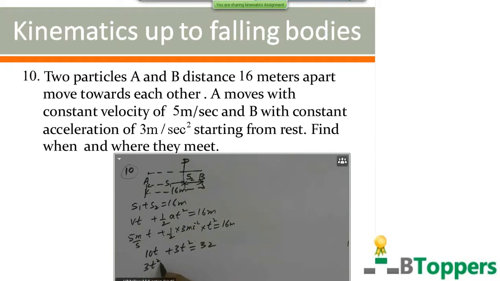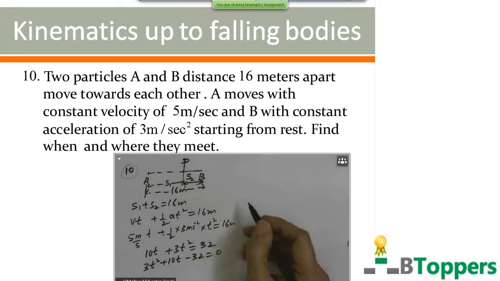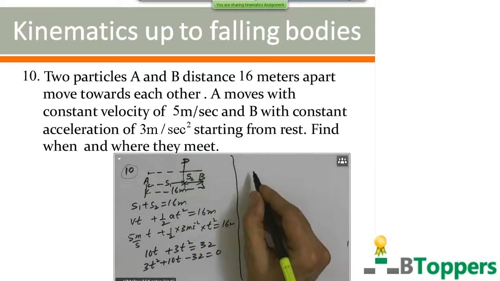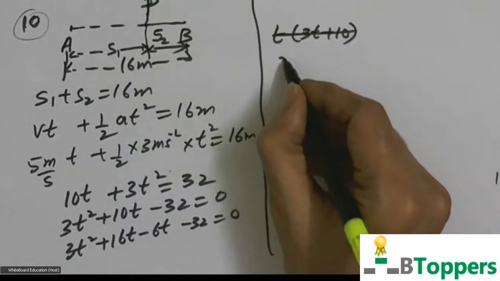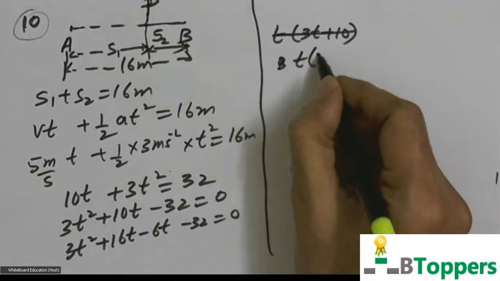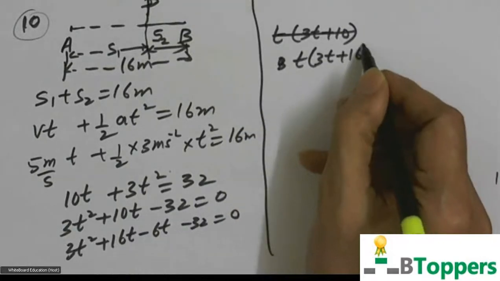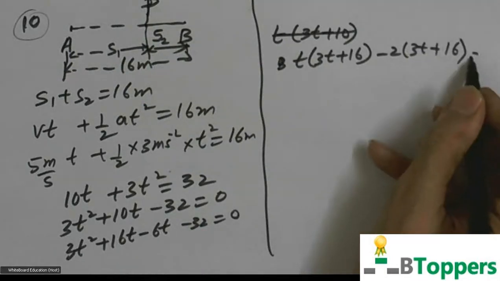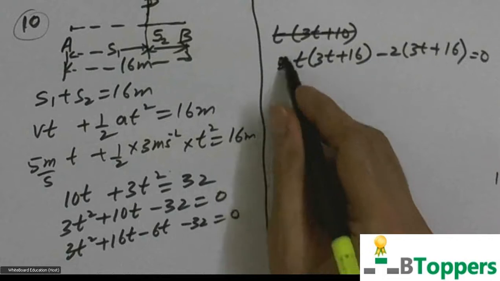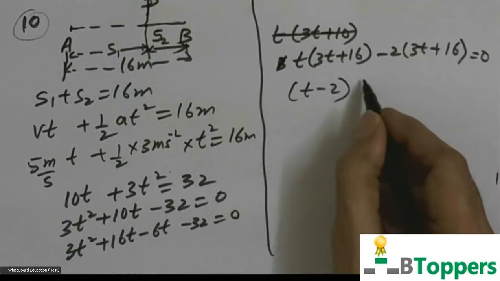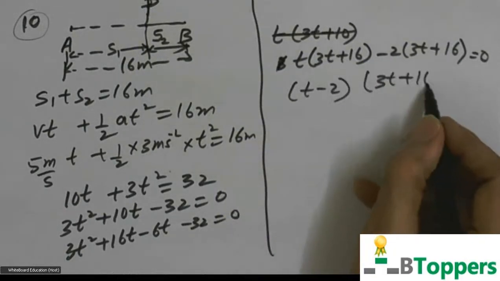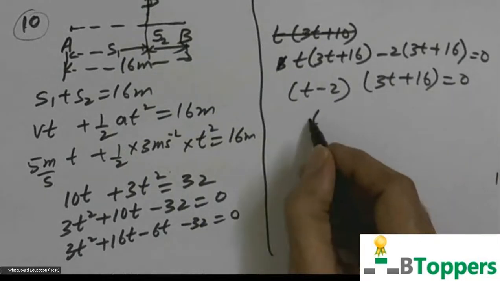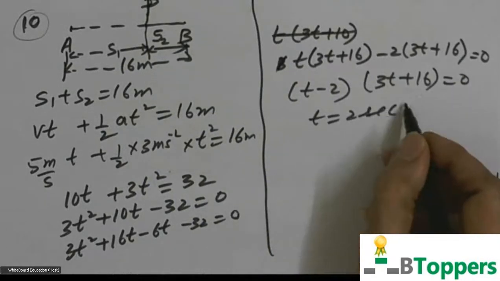So you can solve this quadratic equation for time t, and you have to consider only the positive root of the equation, since the time t cannot be negative. If you consider the positive root of the equation, the two particles meet each other after 2 seconds.